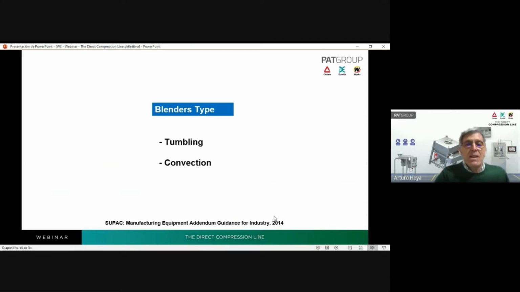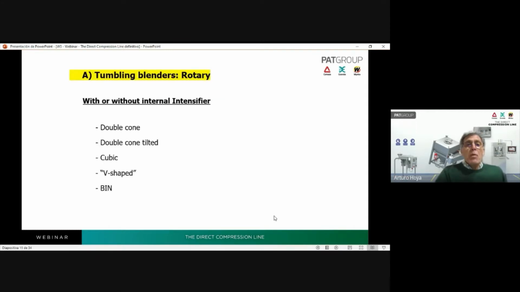You can see the classification and definition of this type of machines. Tumbling blenders are blenders whose container rotates around an axis. The typical types are double cone, tilted, cubic, V-shaped, and bin, the IBC technology.